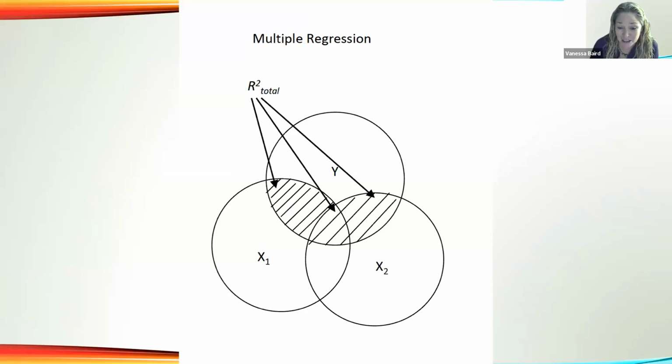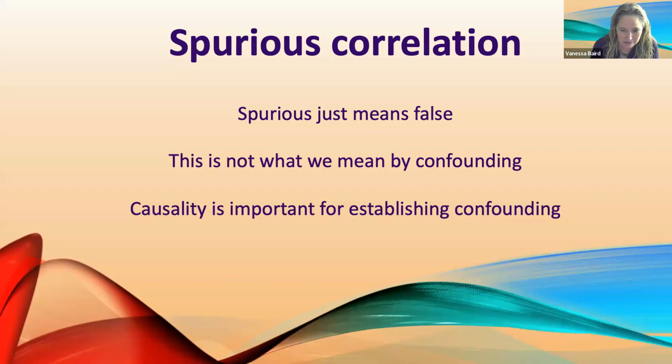R square includes this diamond here. They don't know where it comes from, but because it overlaps with Y, it's part of R square. So that's important to understand F statistics, which we'll talk about in a minute.